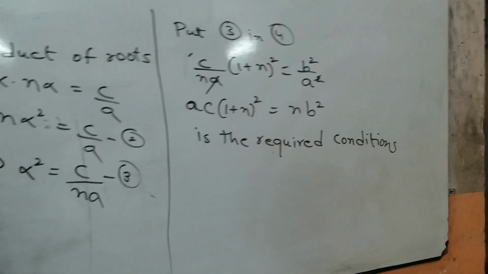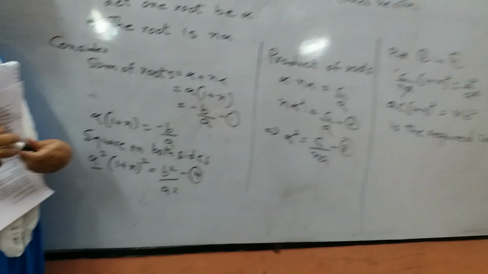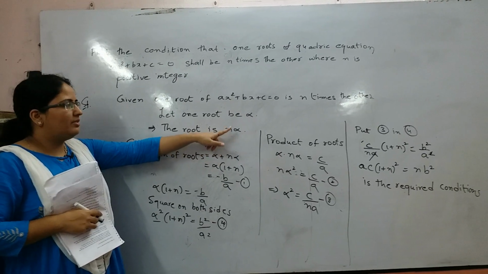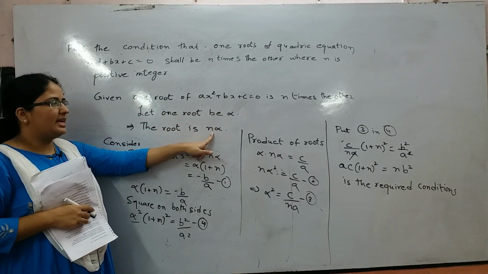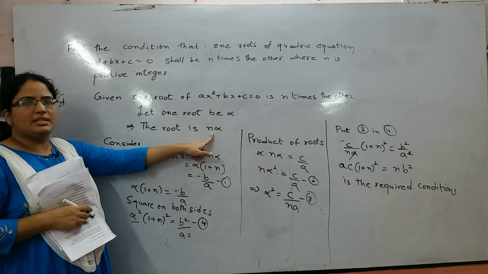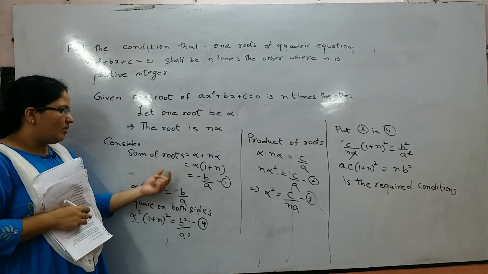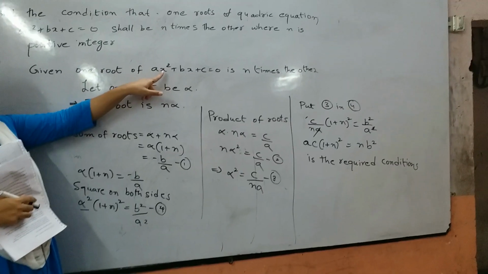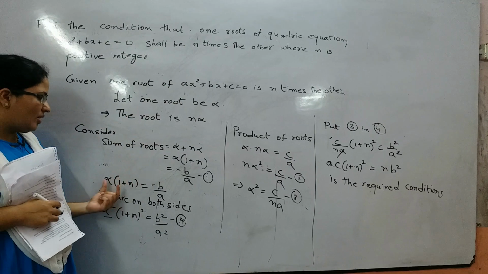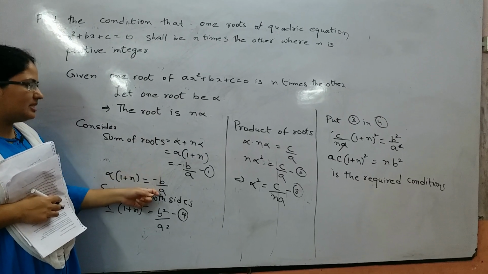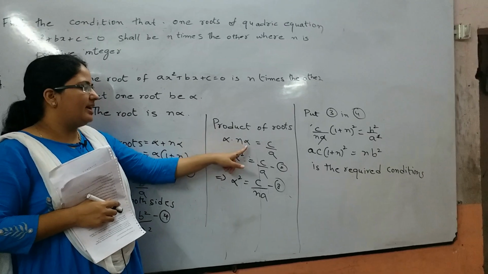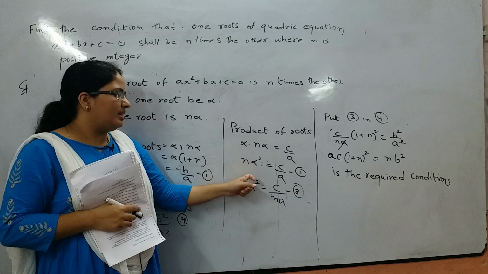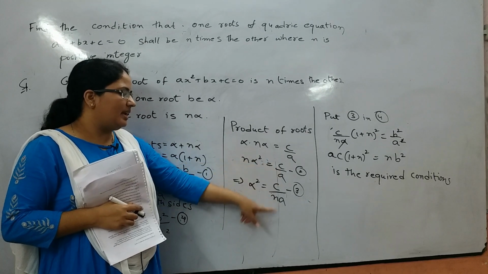Okay, see here in the entire problem what we have done is they have given that one root is n times the other. So one root we have taken as alpha, other root we have taken as n alpha. Next we are finding sum of roots and product of roots. What is sum of roots? Alpha plus n alpha, that will be equal to minus b by a as per this equation. So alpha into (1 plus n) is equal to minus b by a. Similarly product of roots alpha and n alpha will be c by a. If you multiply these two you are getting n alpha square. Alpha square value here is c by na.